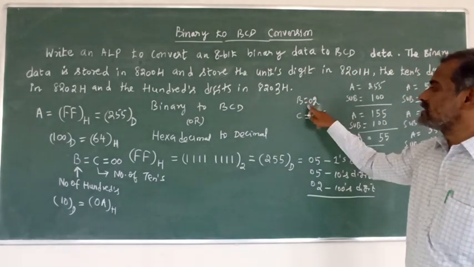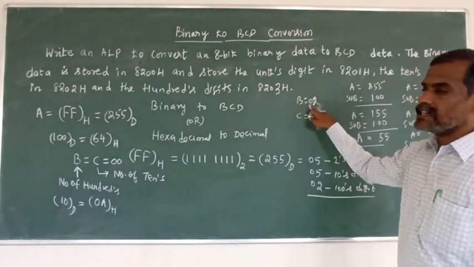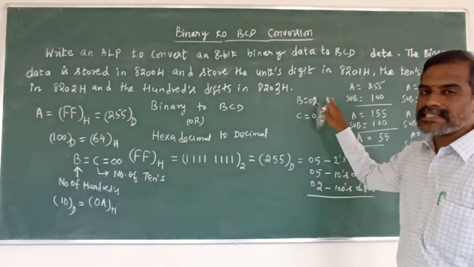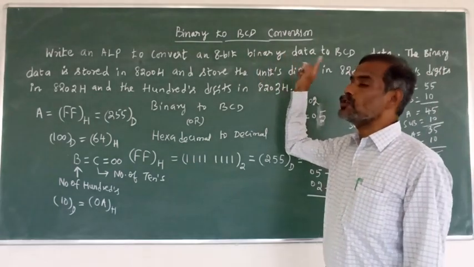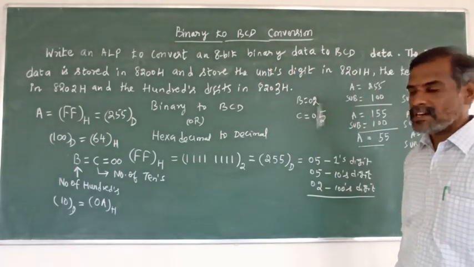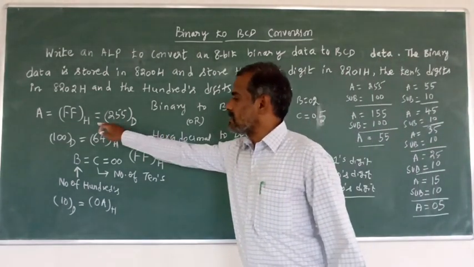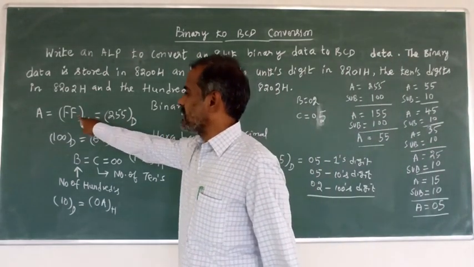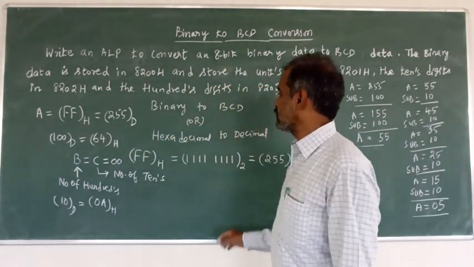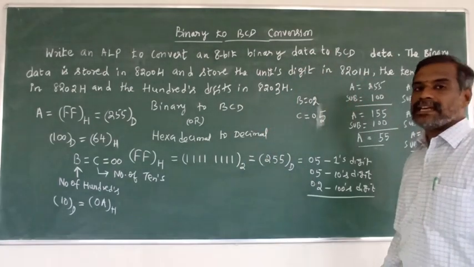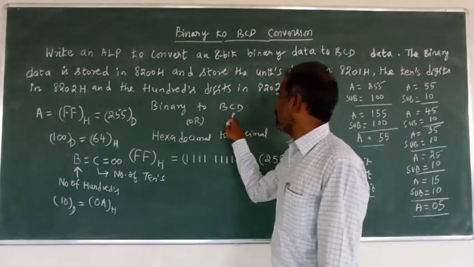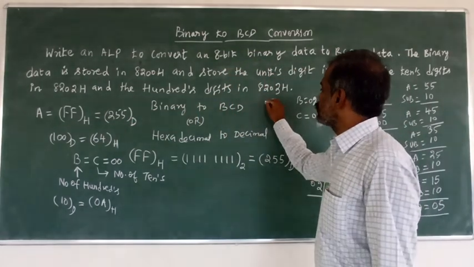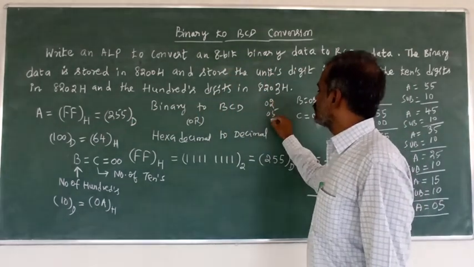Now at address 8203 the data is 02. This is the format to convert given binary data to BCD format. The accumulated data is FF, the binary. Now the corresponding BCD is 2, 5, 5.